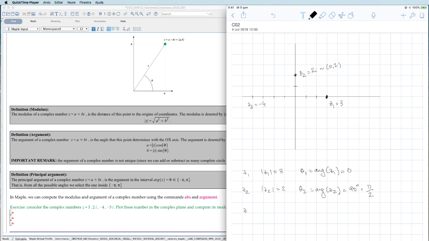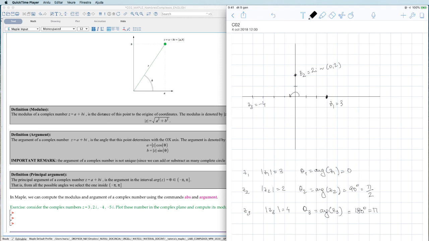So Z3 is going to be minus 4, so the distance is going to be 4, and the argument now is pi. It's 180, which is pi.